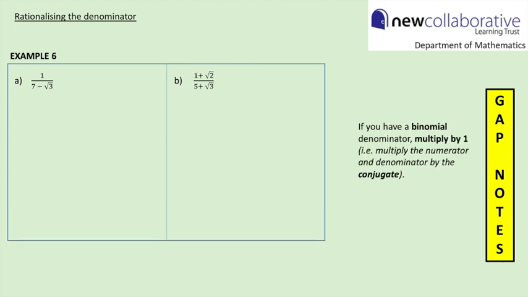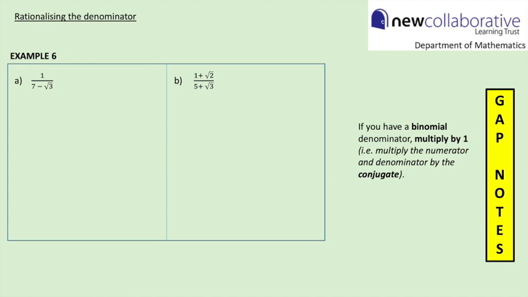So these examples are slightly more complicated, and what we have here is that the denominator has two terms. We call that a binomial denominator, and in order to achieve our aim of rationalising the denominator, we need to of course multiply the fraction by something that's equal to 1 to ensure that it's the same value when we've finished manipulating it.